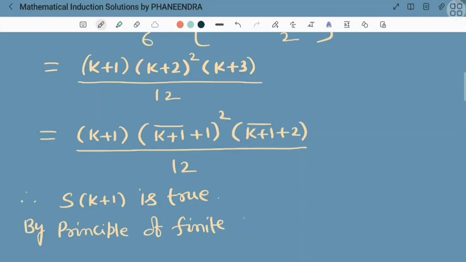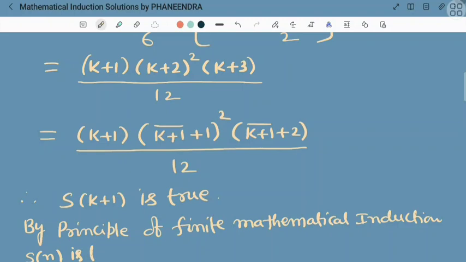By the principle of finite mathematical induction, S of n is true for all n belongs to capital N. Hence proved. For this statement only 1 mark out of 7, you remember, dear students.